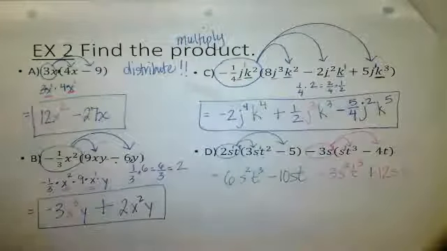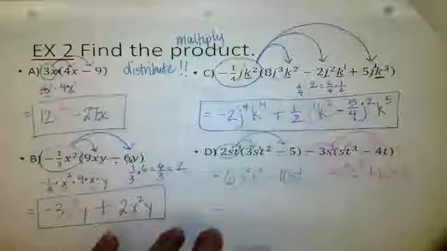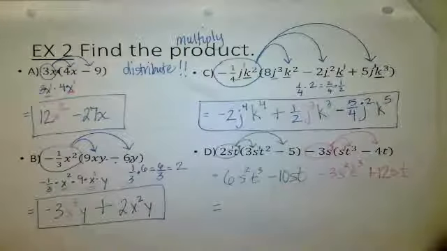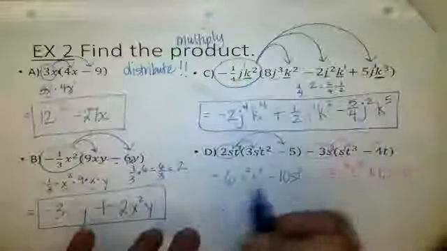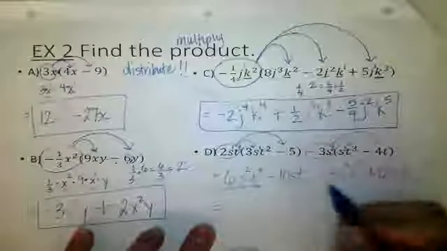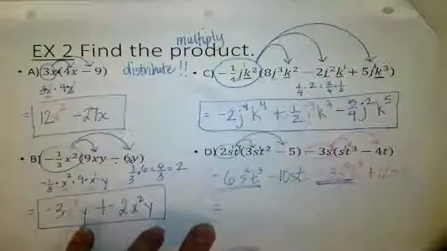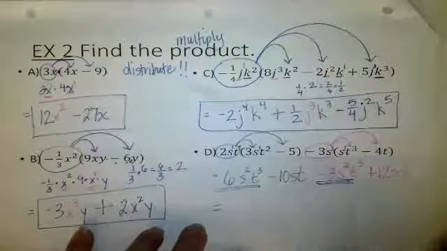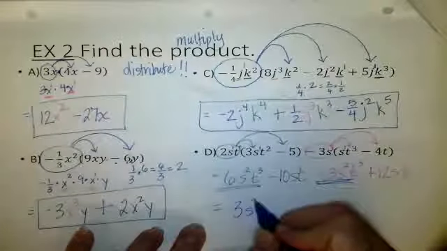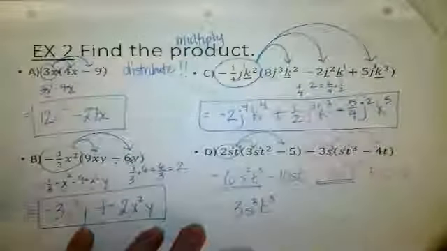No, we do have some like terms that we can combine. Again, like terms have to have exactly the same exponent pattern. So I have 6s squared t cubed minus 3s squared t cubed. What does that give you? 3s squared t cubed.